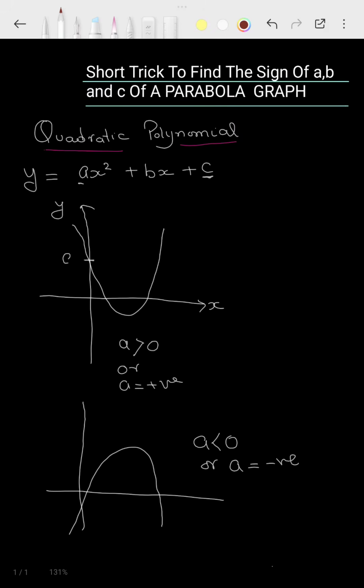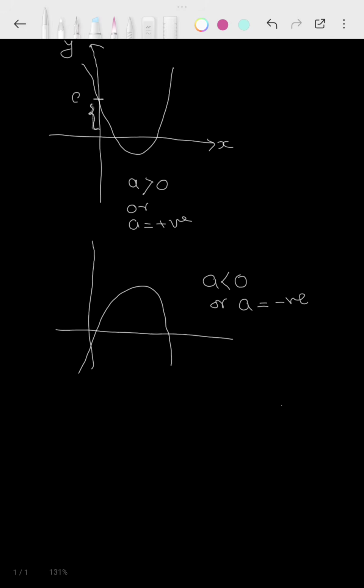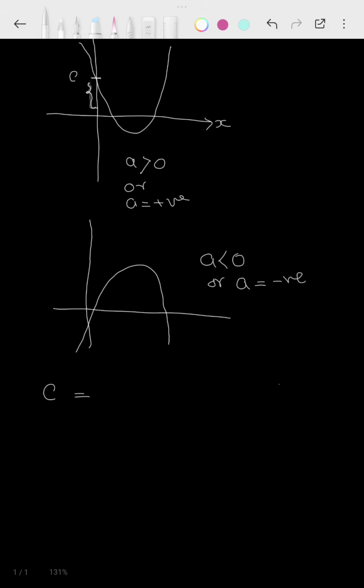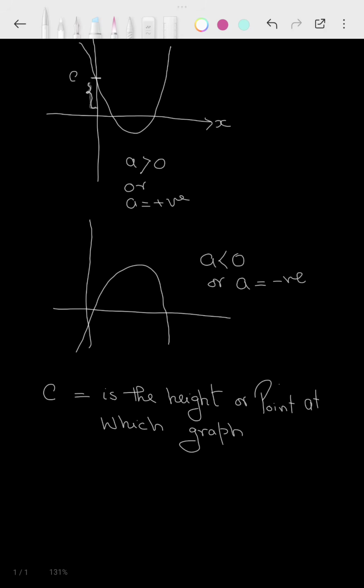This is C. That is, this distance on the y-axis is C. So we can define C: C is the height, or you can say point at which graph cuts or intercepts y-axis.